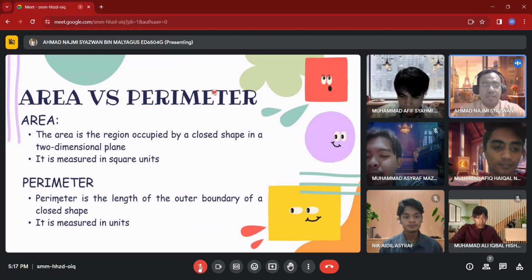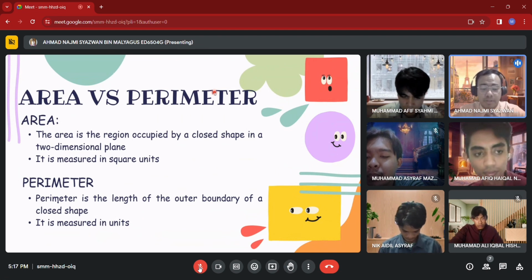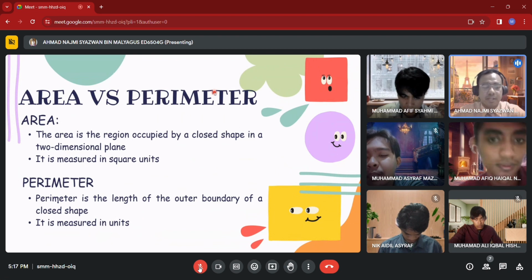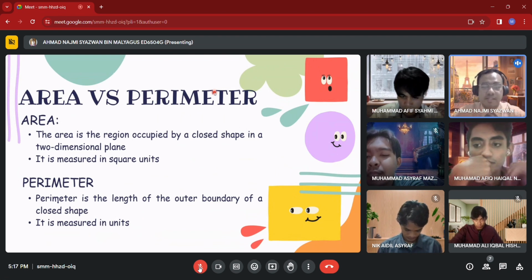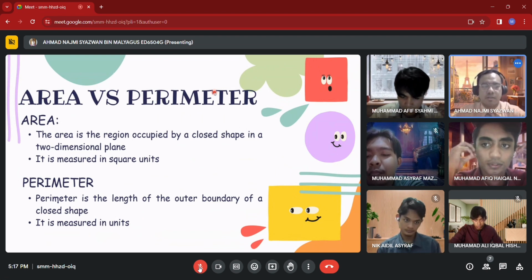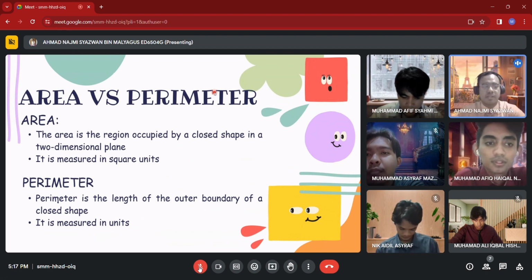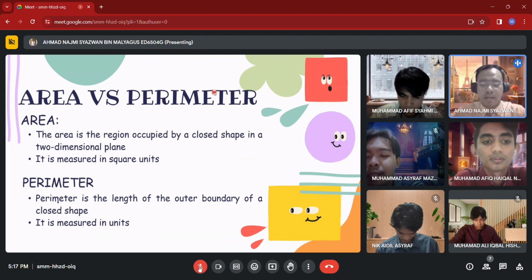However, perimeter is the length of the outer boundary of a closed shape, and it is measured in units. So from here, we can see that area is the total count of the inside of the shape, and it is measured in square units, while perimeter is the length of the outer shape only, okay? And it is measured in units, not square units, okay?